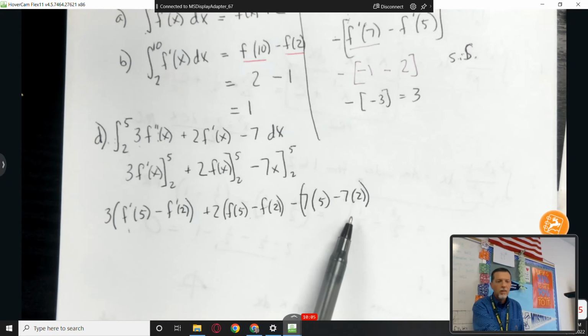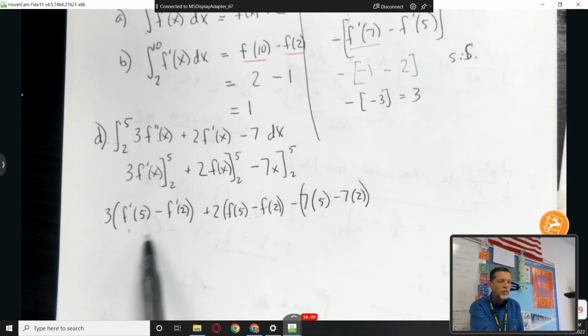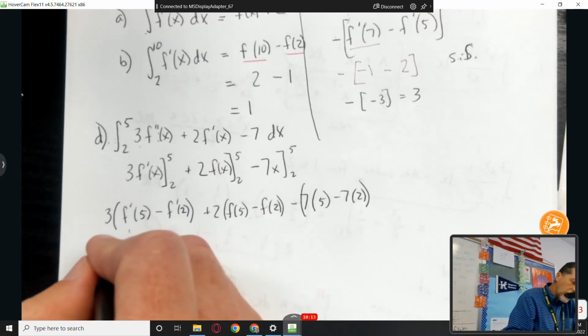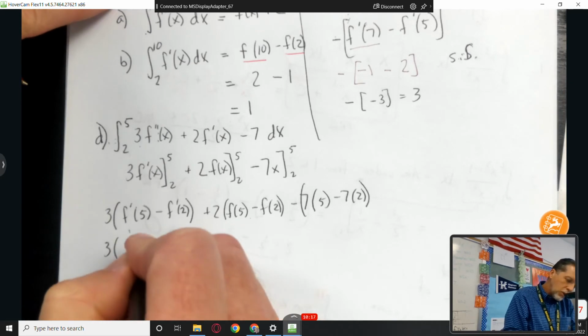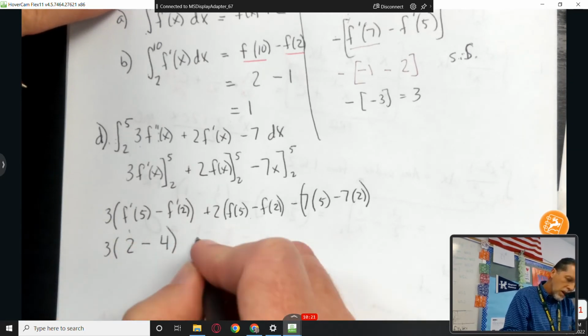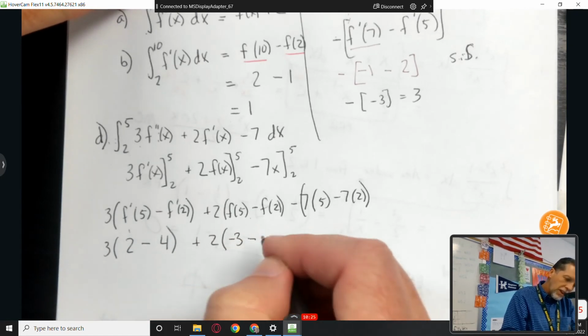Yeah. So, well, this in part would be fine. But f prime of 5, f prime of 2, you have to plug those in. So we need to figure out what those are. F prime of 5 is 2. F prime of 2 is 4. F of 5 is negative 3.